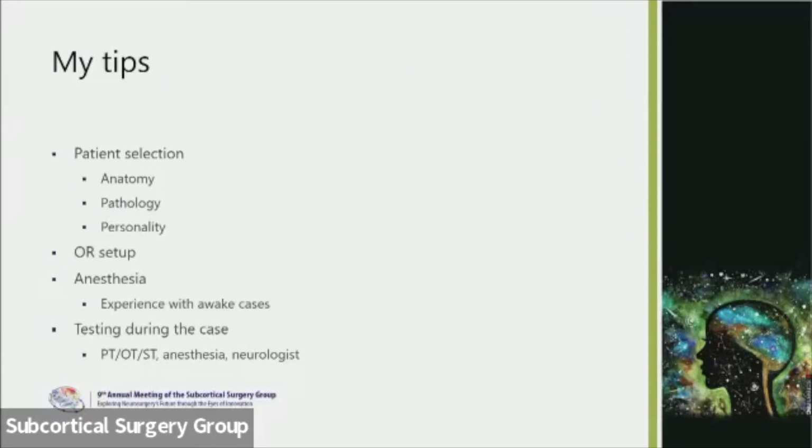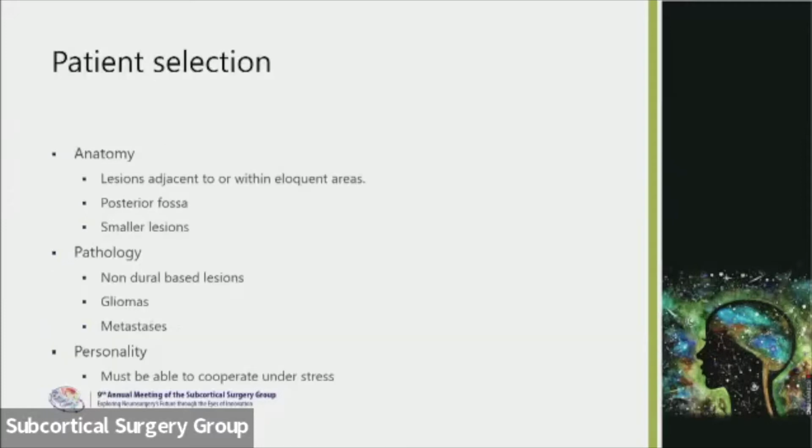What I do when I talk to patients is I tell them, you can help me do this operation. You're an integral part of this surgery. And often that gives them a greater comfort level of doing it. Also, we'll go through OR setup, anesthesia, or mostly analgesia during these cases, and your testing during the case.